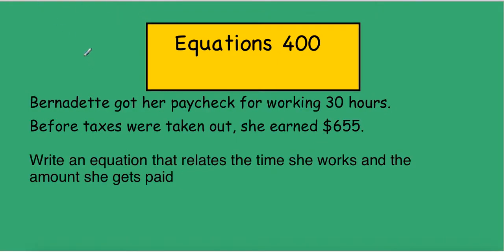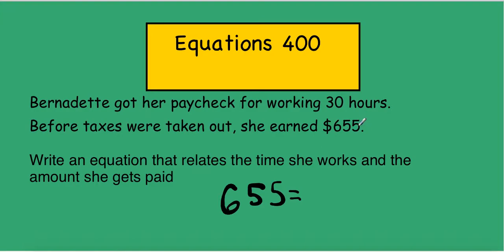On the next question, Bernadette got her paycheck for working 30 hours before taxes were taken out. She earned $655. So this is much like the last problem. We're writing an equation that relates the time she worked and the amount she gets paid. I know she made $655, and she's worked for 30 hours.